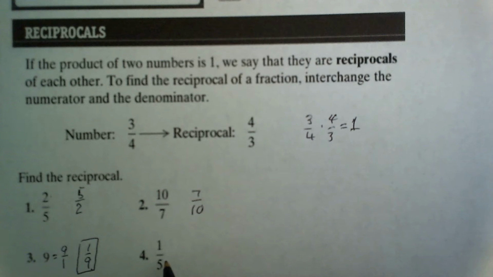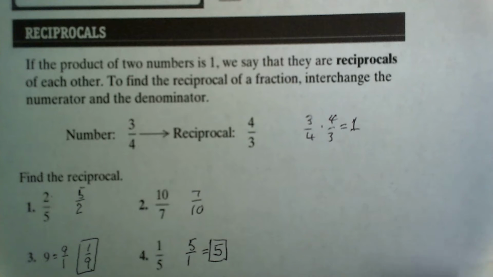And similarly, number 4, the number is 1/5, so we exchange the numerator and the denominator, it becomes 5 divided by 1, which of course is equal to 5. So here you have the explanation of what a reciprocal is and a few examples of what it actually looks like.